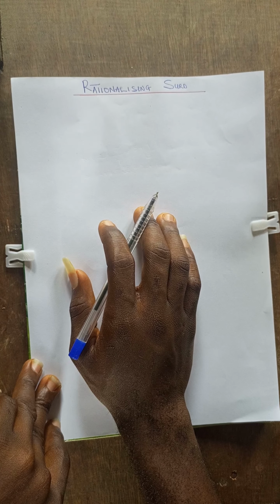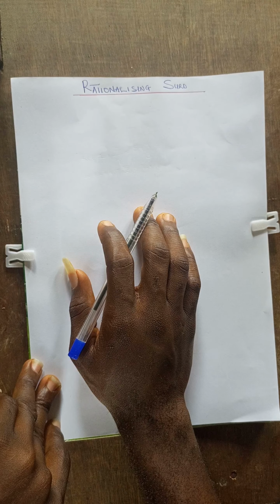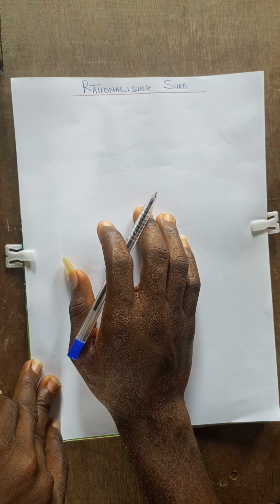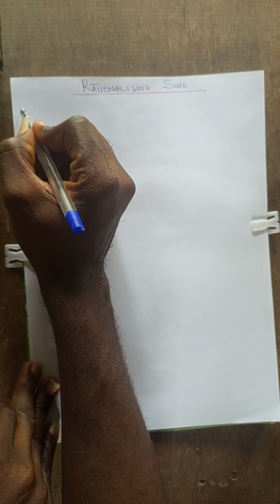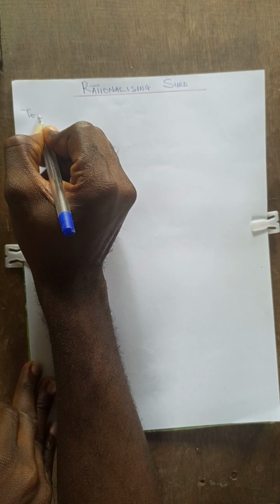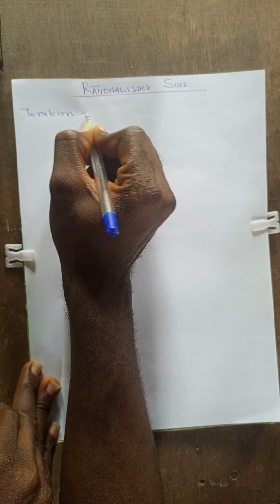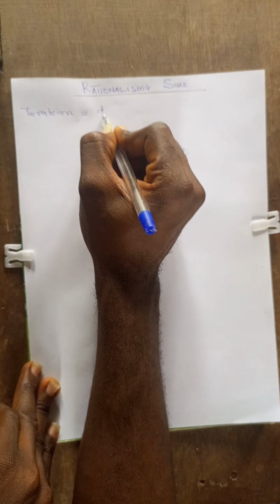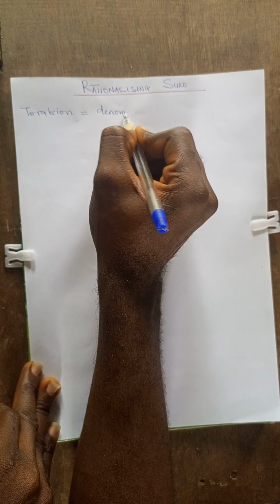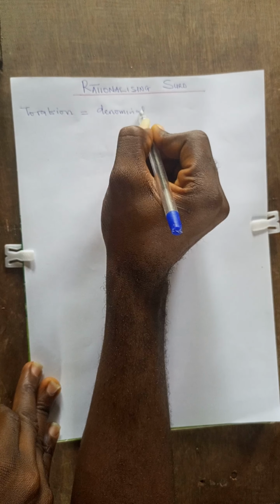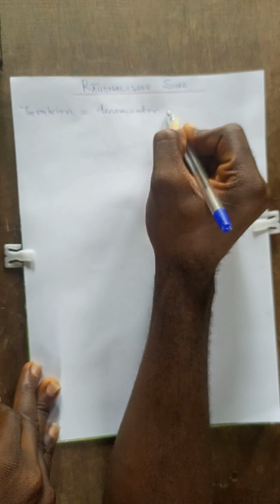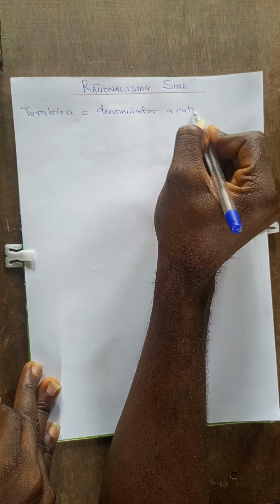How to rationalize surd. Now before we go on, we go first of all try to know the meaning of to rationalize. So what does it mean to rationalize? Generally, to rationalize simply means say you go make the denominator a rational number.